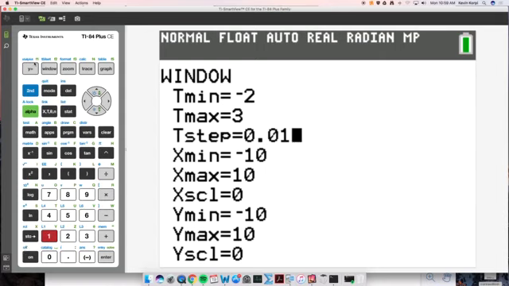And now I'm looking on the window from -1.571, which is pi halves. My cursor and mouse are not cooperating. To 0.253. So when you hit graph, let's see what happens now.